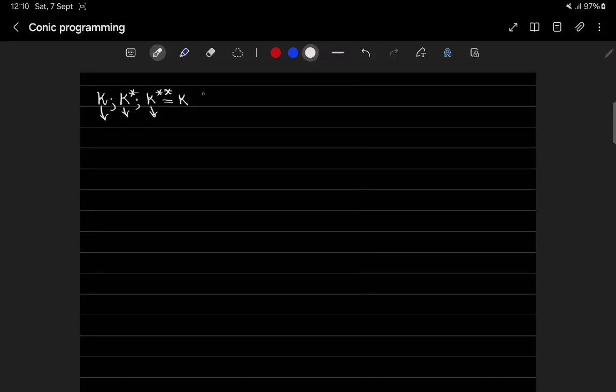So one thing to remember in the discussion is the fact that K star is defined as the set of all v belonging to V, which can be identified with V star also.